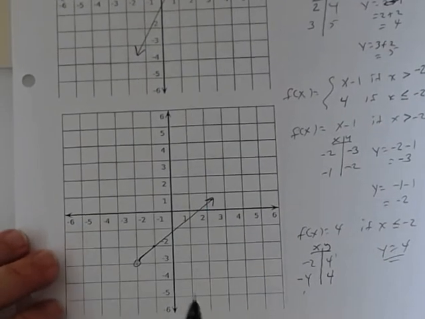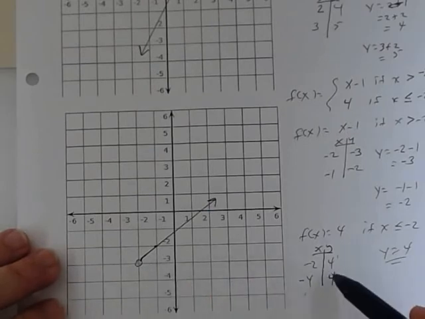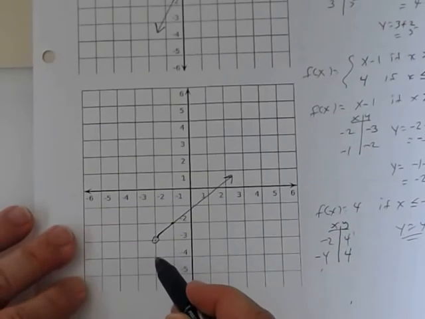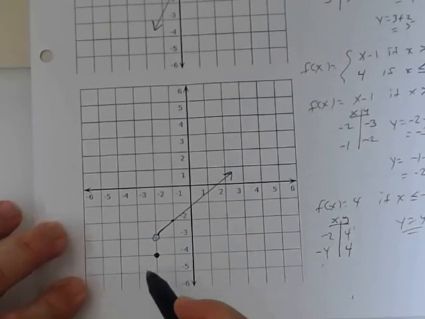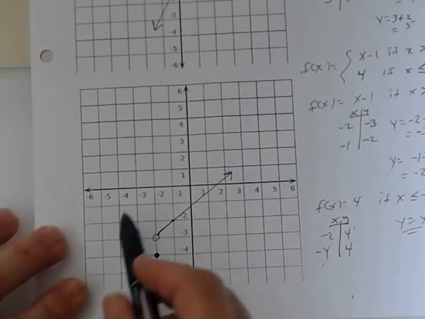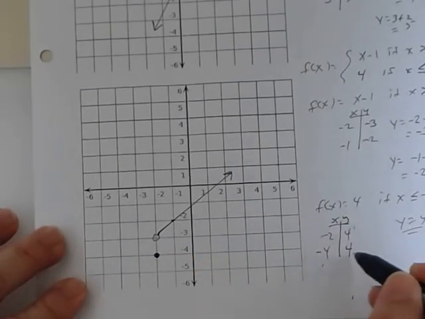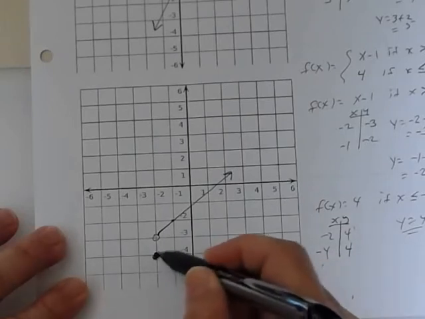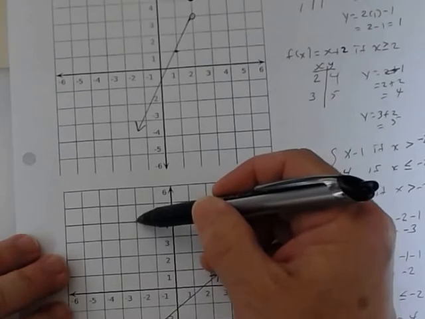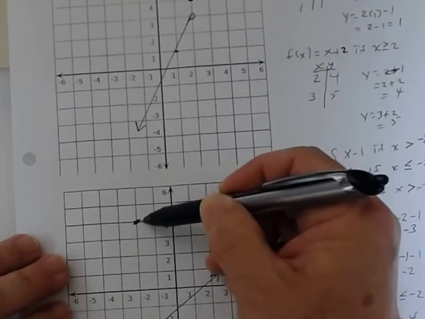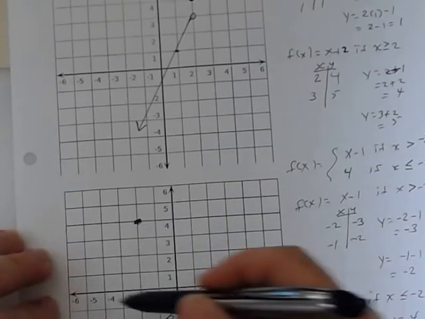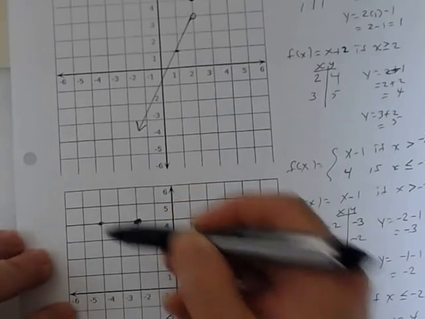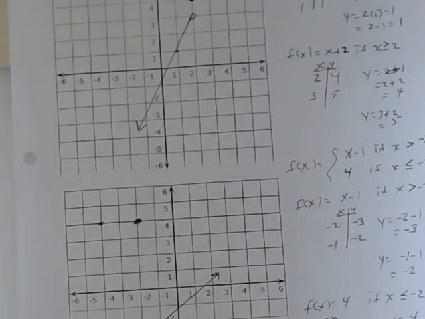So negative 2, 4 is this closed circle right here. Y'all agree? And then what's the other point? Negative 4, 4. I'm sorry. Shoot. Negative 4, excuse me. Negative 4 is here. Y'all agree? All right. Negative 4 is here.